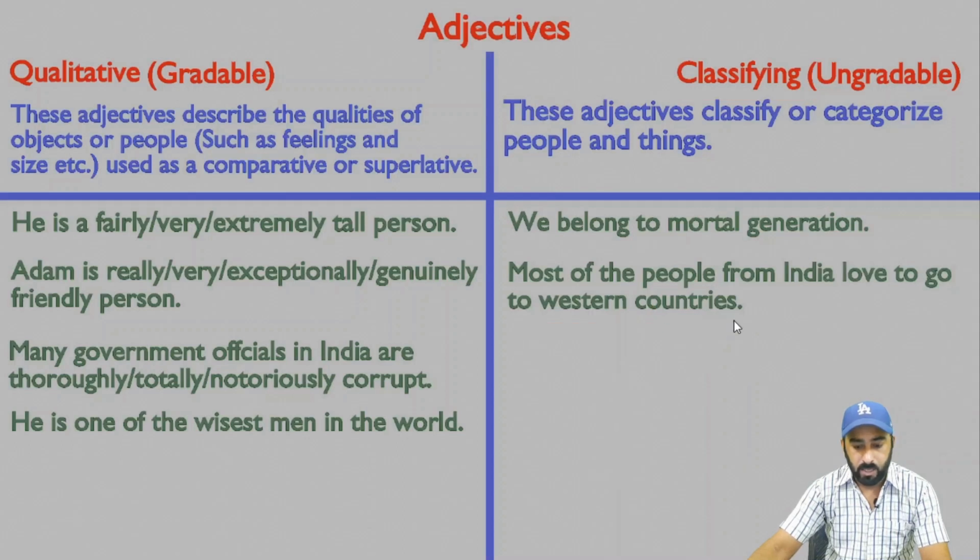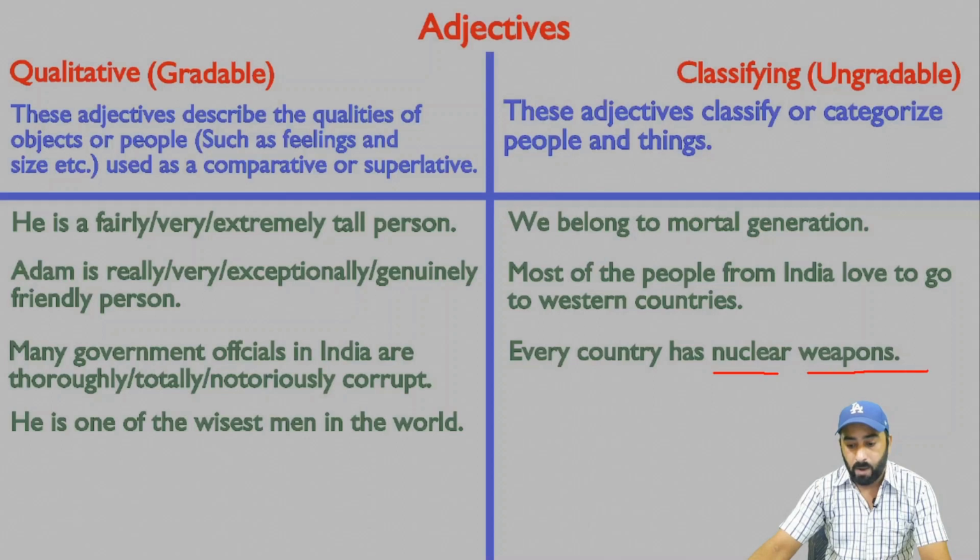Okay, so let's move on to our last example of this video. Now the last example we have is: every country has nuclear weapons, and you know that every country has very deadly, devastating nuclear weapons in their arsenal. So here we have nuclear as a classifying adjective. Sorry, so weapons is a noun.